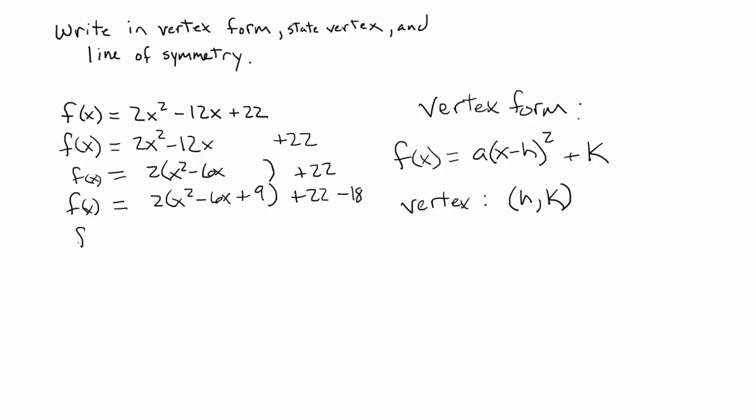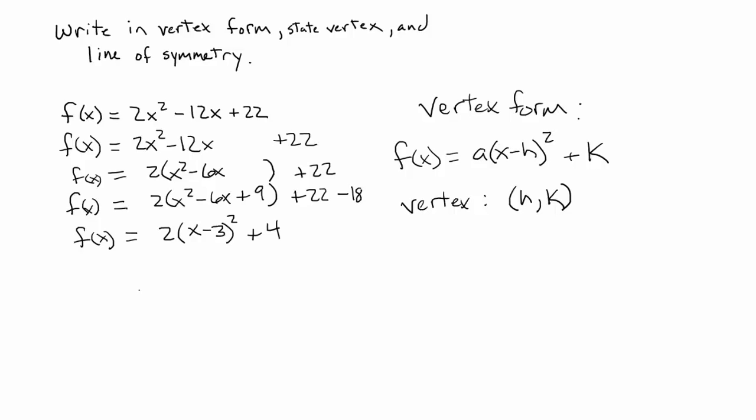So I can write f of x as 2 times x minus 3 squared plus 4. And remember, I got x minus 3 squared from x squared minus 6x plus 9. If we were to FOIL x minus 3 times x minus 3, we would get x squared minus 6x plus 9.